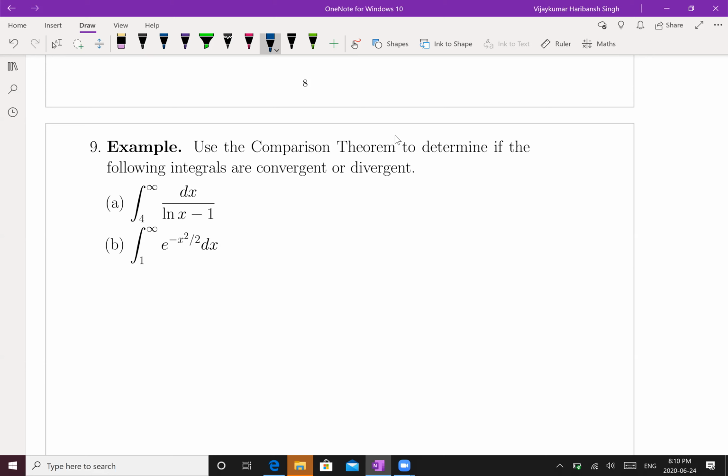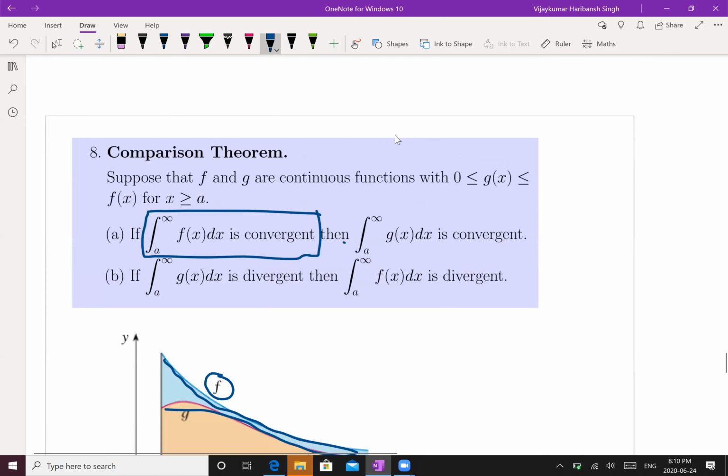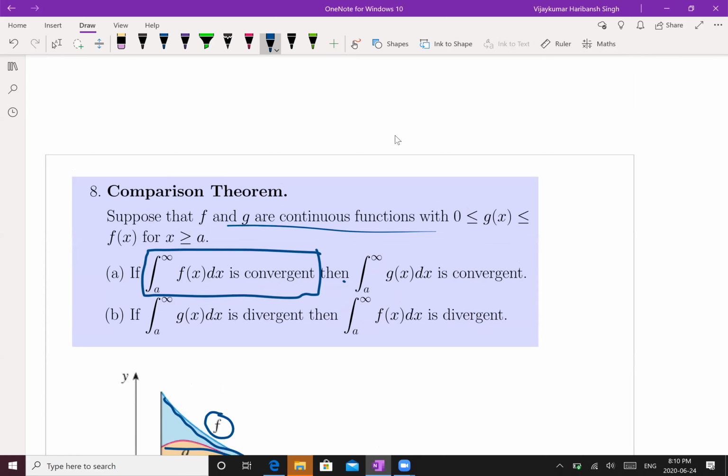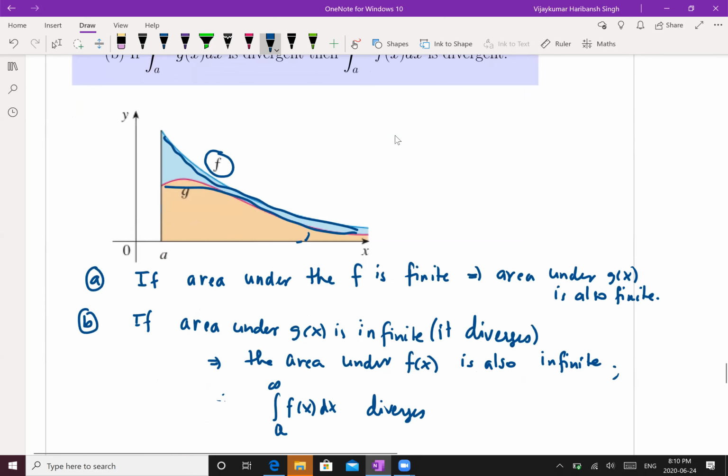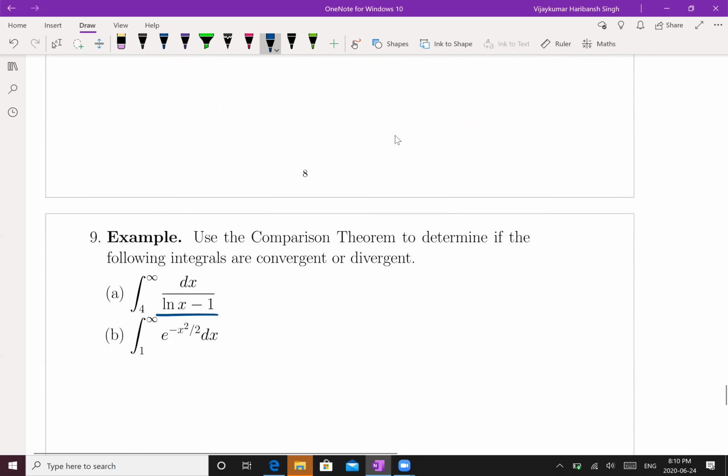Okay. So now, let's see where the problem is here. Is it continuous? Because what do we need? We need f and g to be continuous, right? So ln x, where is it discontinuous?